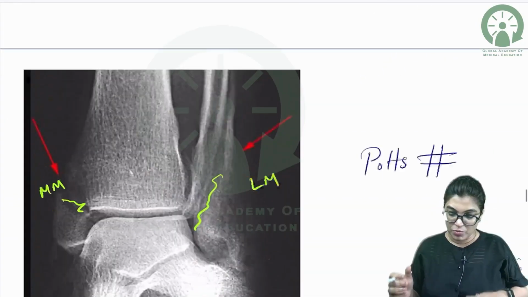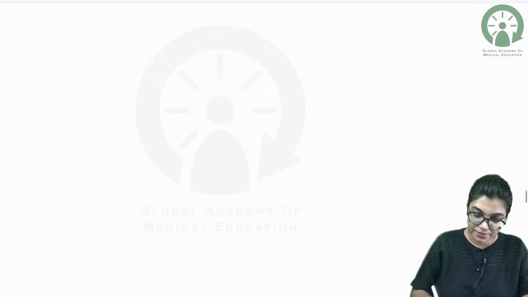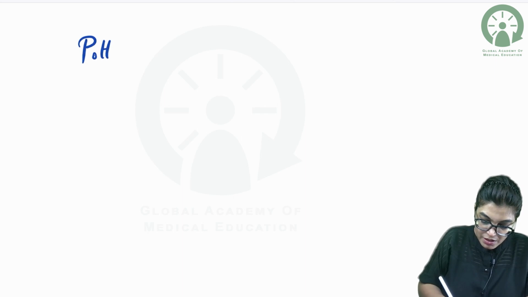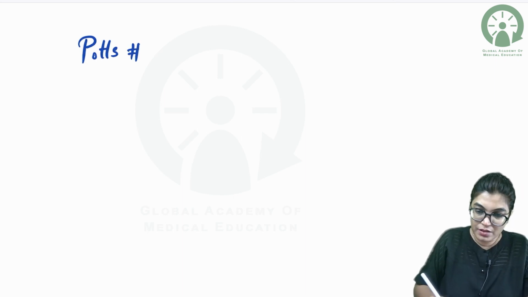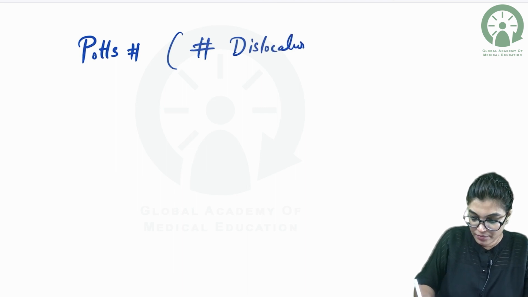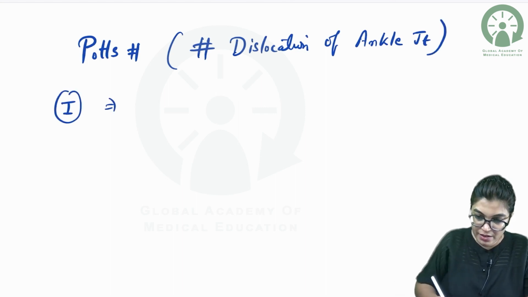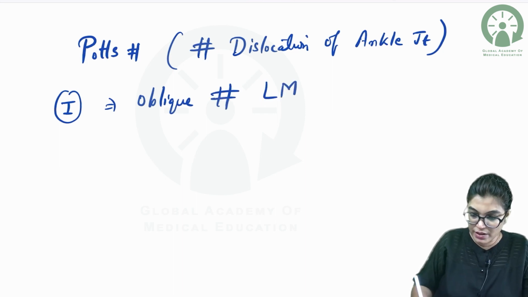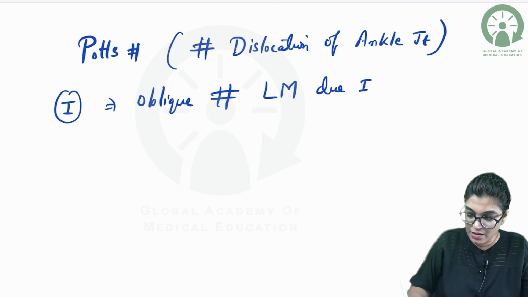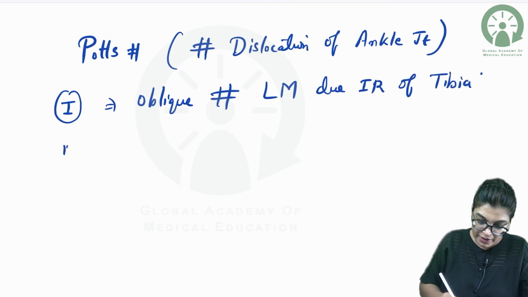So, please write down about Pott's fracture. Pott's fracture is also called fracture dislocation of ankle. In the first stage, there is oblique fracture of lateral malleolus due to internal rotation of tibia, LM for lateral malleolus.